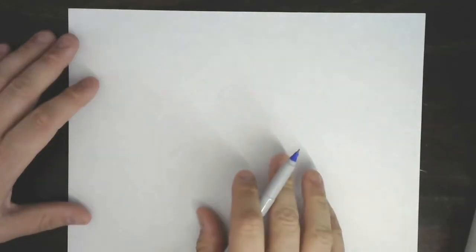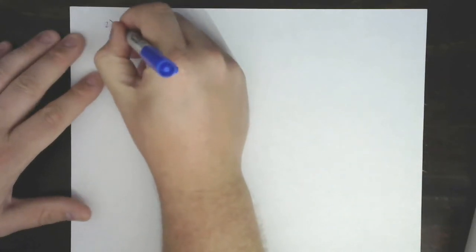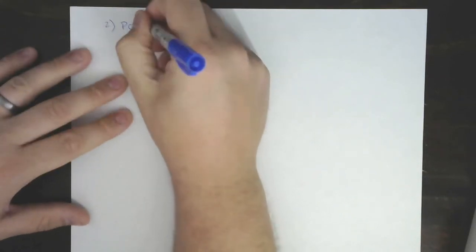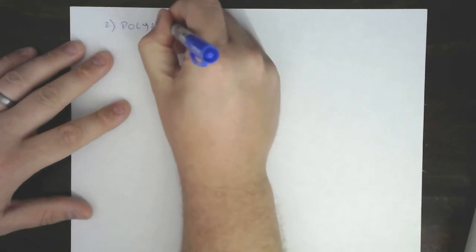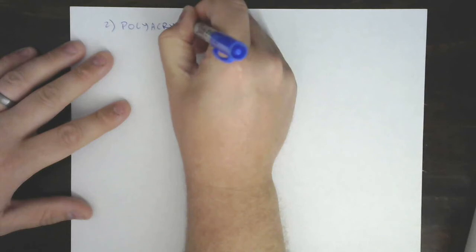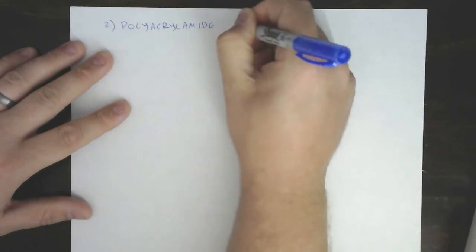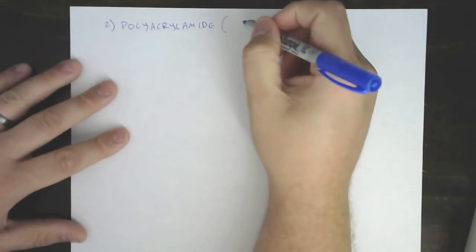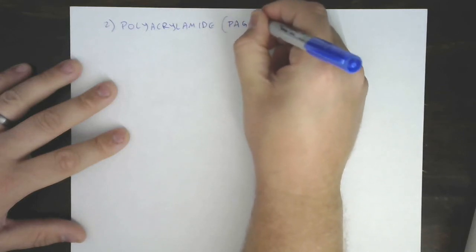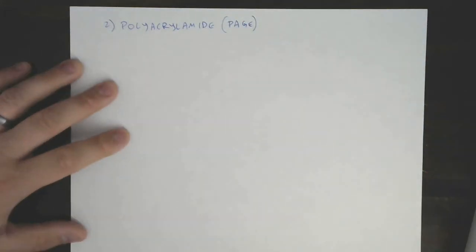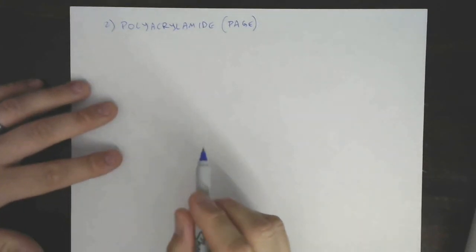And so when we talk about protein separation, we're usually talking about the format or the material polyacrylamide. And this is very often abbreviated PAGE, polyacrylamide gel electrophoresis. So if people talk about doing their PAGE separations, this is what they're talking about.